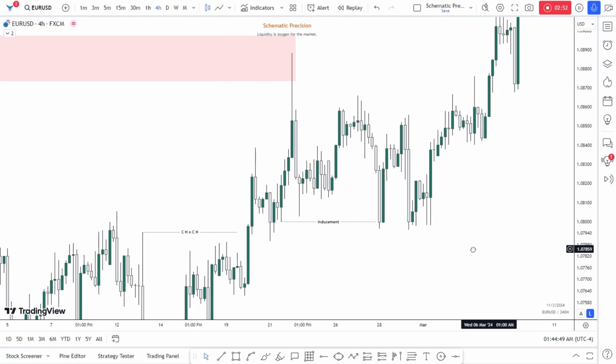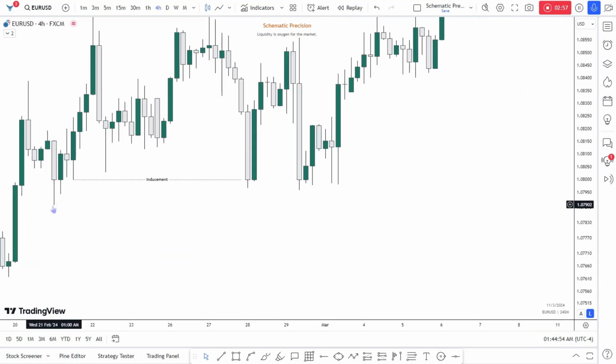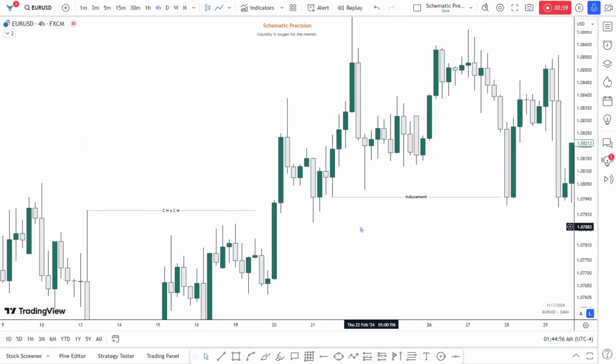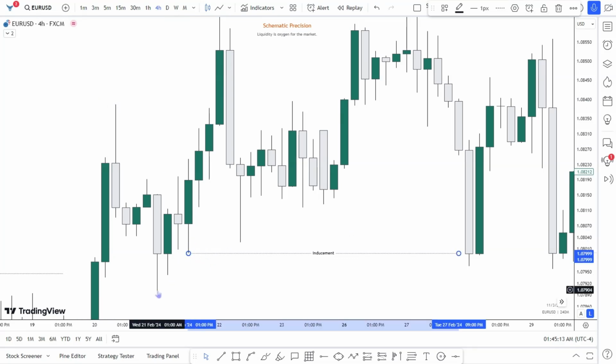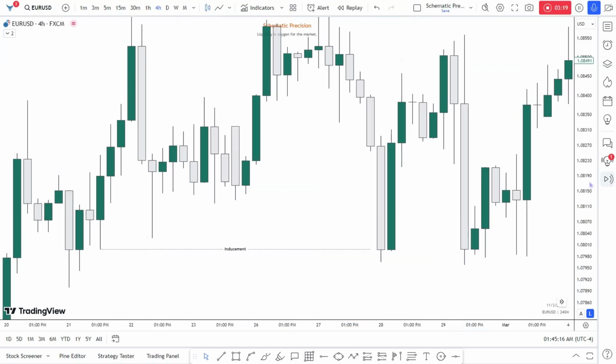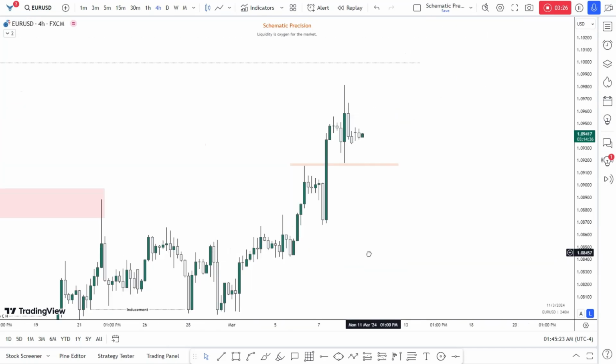When I looked deeper, I found that earlier I was mentioning this low as our inducement, but as we see, this high was broken after this particular candle on 21st of Feb took the liquidity from this candle's low and then pushed higher and broke this structure. So the real inducement was actually this, not this one. That was my mistake. So what market has done, took this inducement and then gone higher.